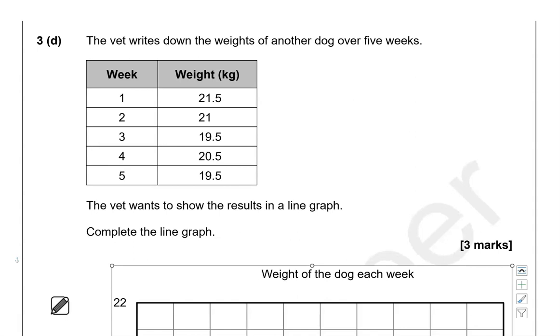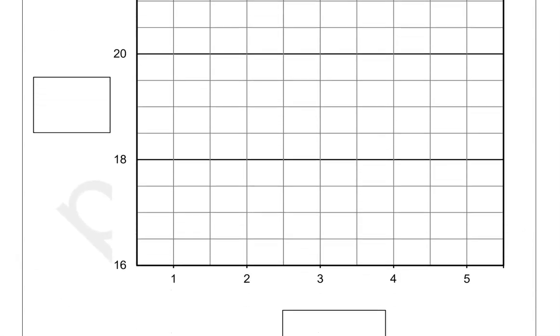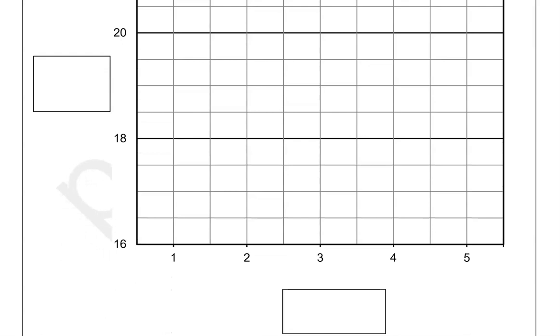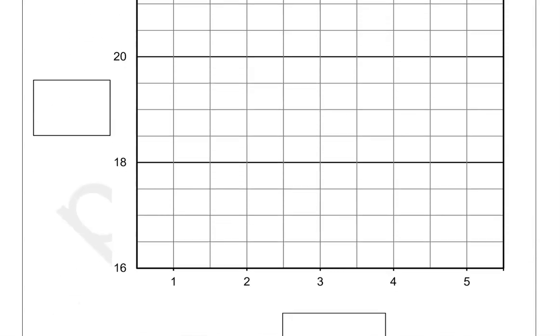The vet writes down the weights of another dog over 5 weeks. The vet wants to show the results in a line graph. Complete the line graph. So 1, 2, 3, 4, 5, that should be weeks.